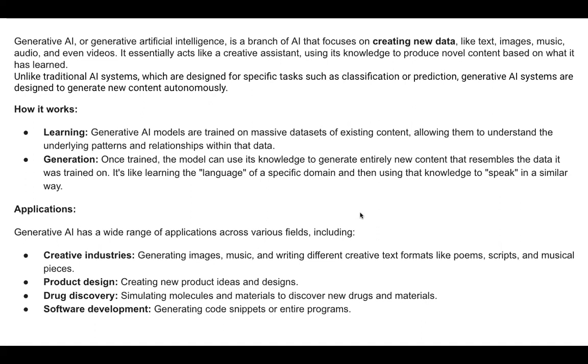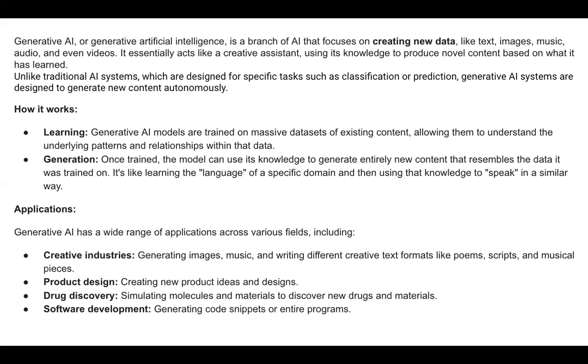So let's start with what is generative AI? Have you ever noticed that when doing a Google search, it shows on the top a generative AI output? Something is there on the top, right? So what is generative AI? Of course, it has AI in the name, so it is artificial intelligence.